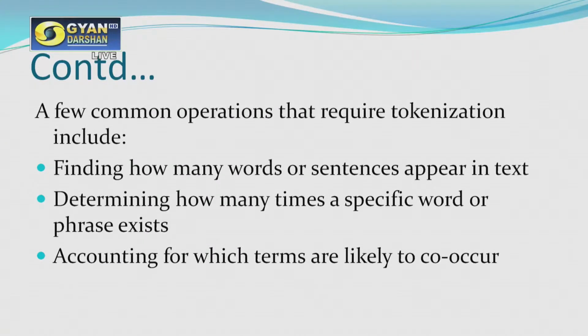And then a few common operations can be performed on the tokenizations, like finding how many words or sentences appear in the text. That is one particular operation that can be performed while doing the text analysis. Determining how many times a specific word or phrase exists, that also can be found out. Until and unless you do the tokenization, it can't be measured, or else the metric can't be found out.